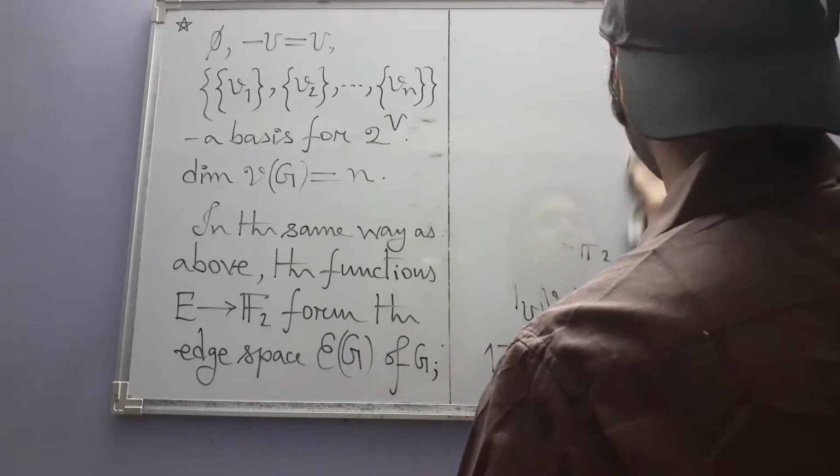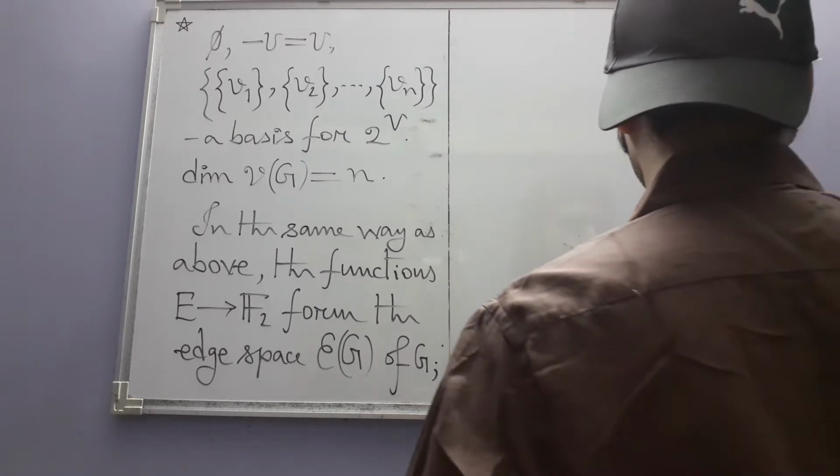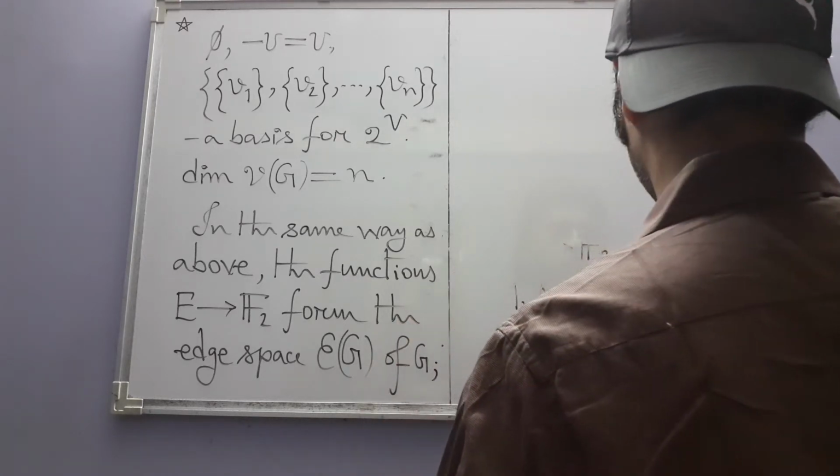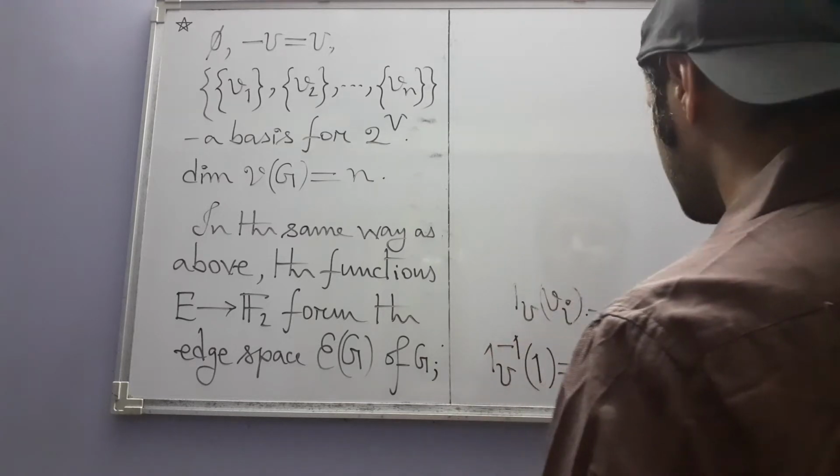And just like the vertex space, the H space is also isomorphic to the power set of the H set.